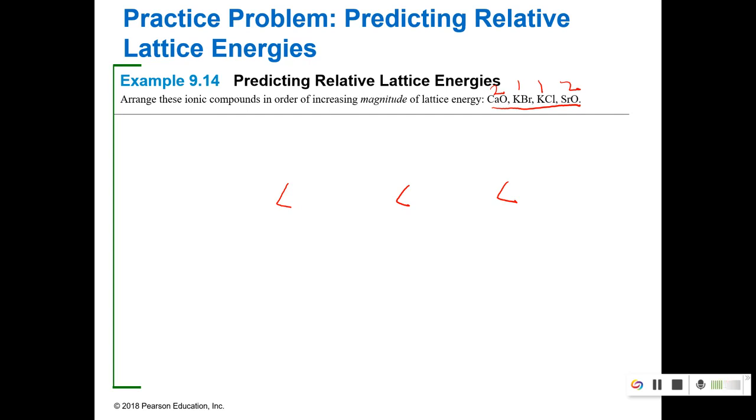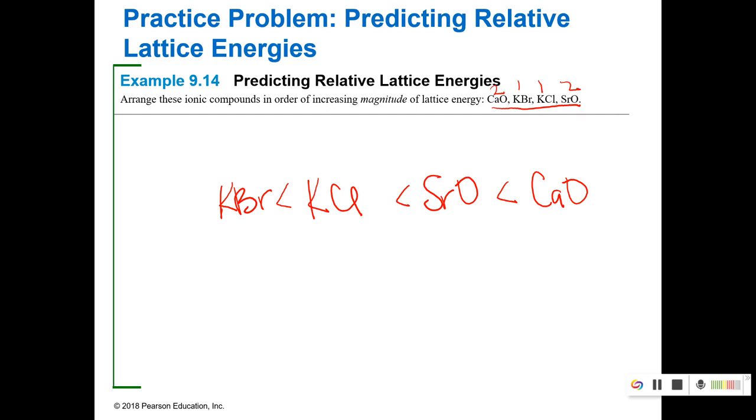Remember, the bigger the atom, the weaker the attraction. So KBr is first because Br is farther down, so it's a larger atom. Then KCl. Then we're left with strontium oxide and calcium oxide. Calcium is smaller than strontium, so strontium will be weaker. Also remember, make sure you know which order is which.